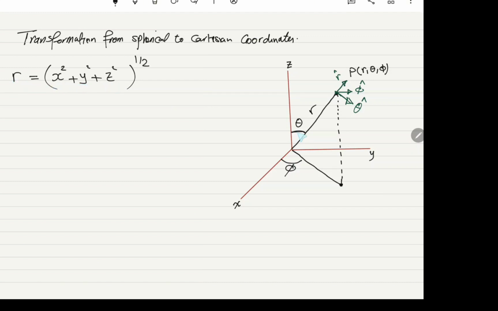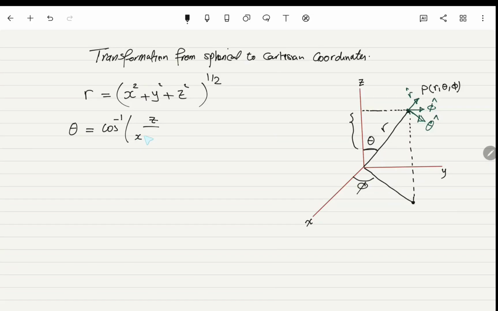Now if we look at theta, this is a right angle triangle. Cosine theta is equal to this side over r, and this side is z. So theta equals cosine inverse of z over r, which is z over x squared plus y squared plus z squared to the power half.